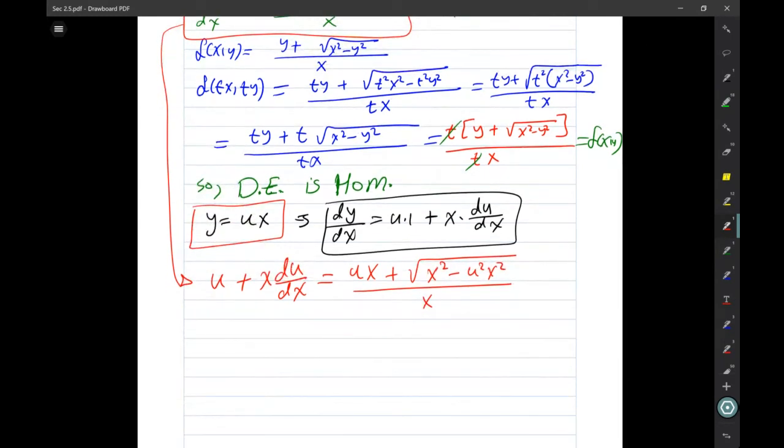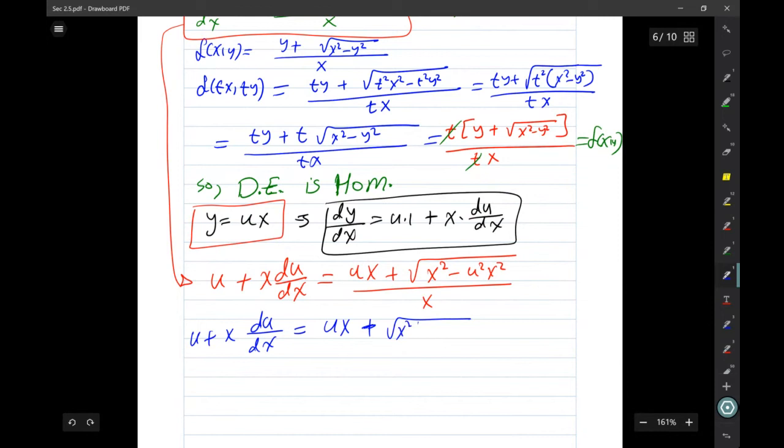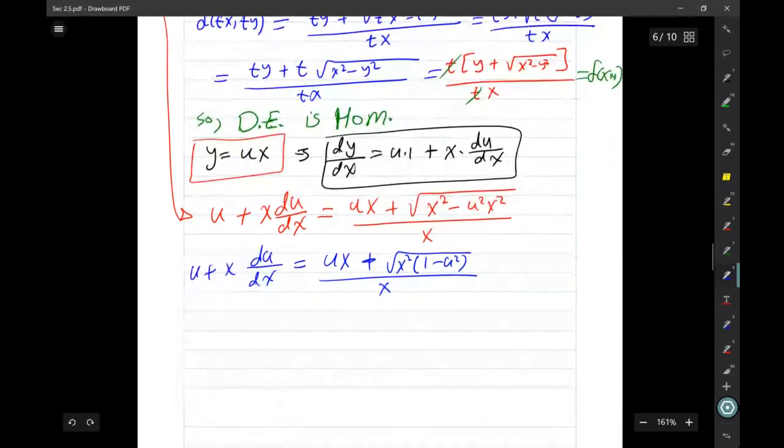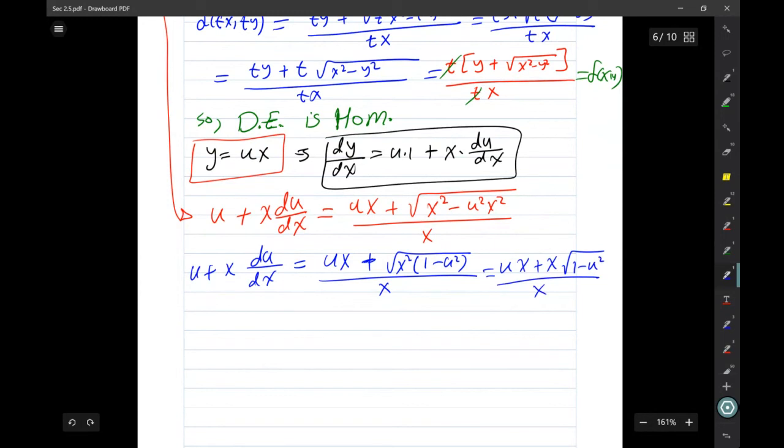Now we need to simplify first, then solve it as a separable differential equation. From inside the square root you can take x square as a common factor. We get u plus x times du by dx equals ux plus square root of x square times 1 minus u square, divided by x, which equals ux plus x times square root of 1 minus u square over x.